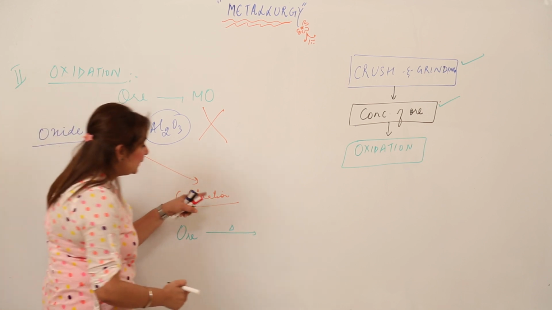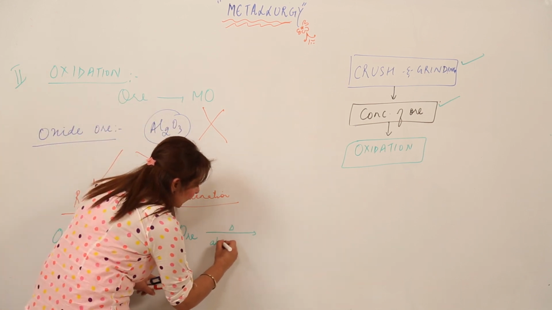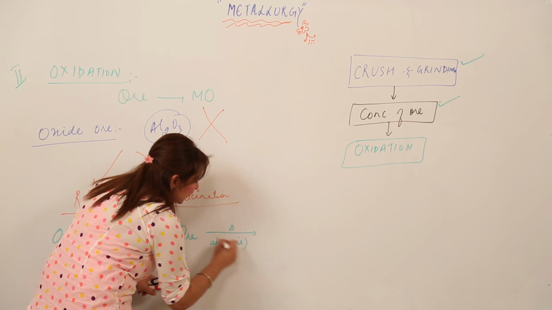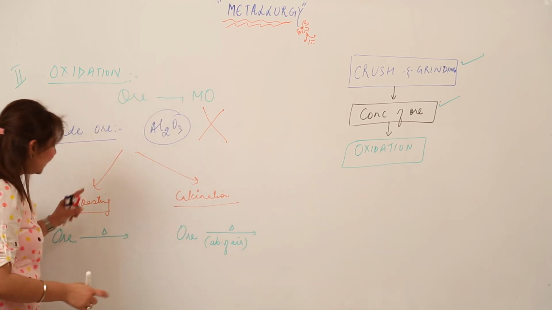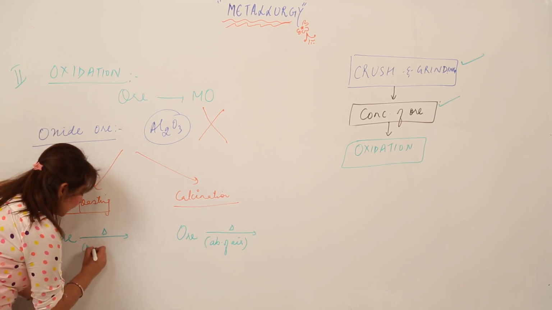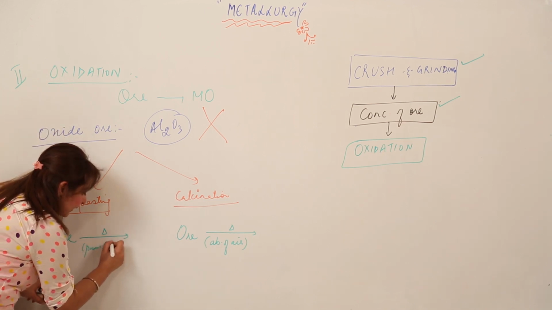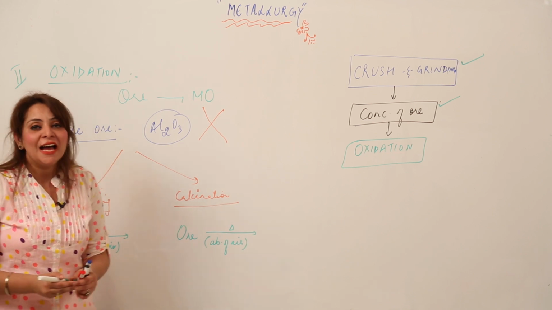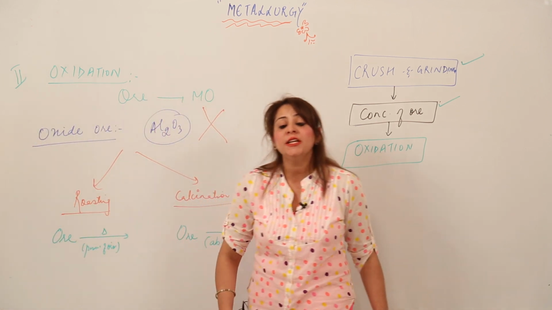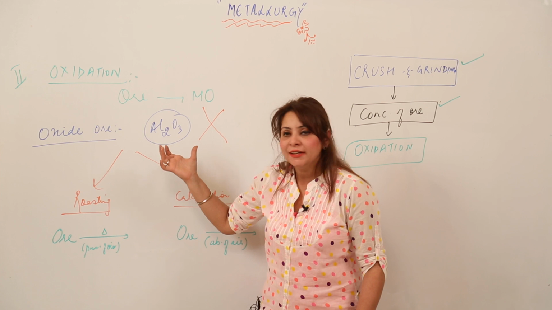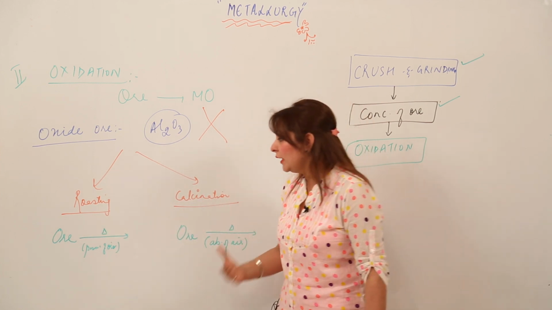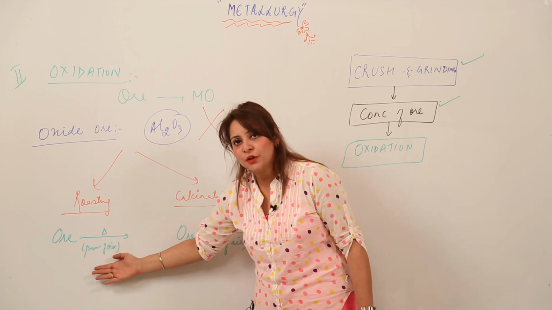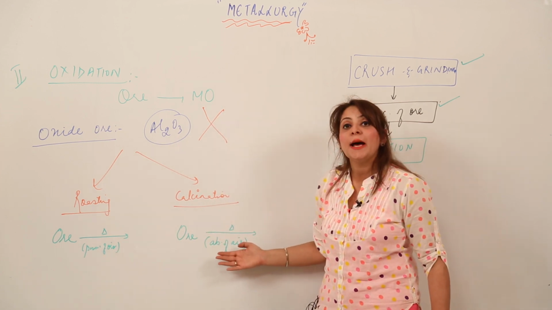In calcination we are heating the ore in the absence of air. There is no air present in case of calcination when we are heating it. But in case of roasting, we heat in the presence of air. And the product is the same, as you know that we are performing an oxidation because we need the metal oxide. So whether it is roasting or calcination, the difference lies only in whether we are heating in the presence of air or in the absence of air.